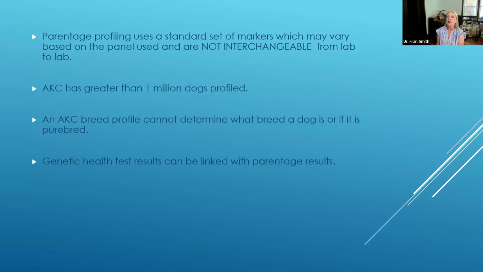What that means is, if you were to do a parentage profile somewhere other than AKC, your results would not be the same as the results that you got from AKC. AKC has greater than 1 million dogs profiled, and again, an AKC profile, nor anybody else's, cannot determine what breed a dog is or if it is purebred. You can link your genetic health tests with parentage results.